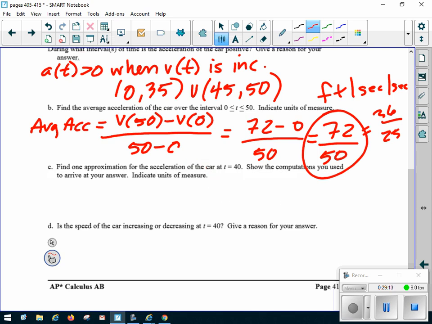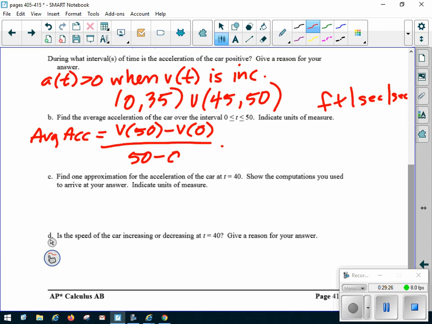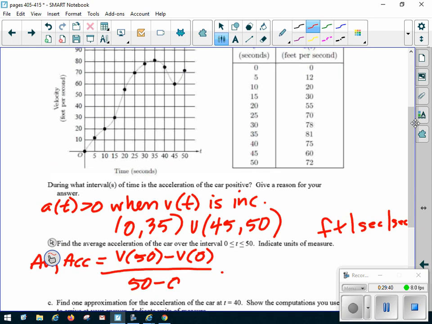Find one approximation for the acceleration of the car at t equal 40. I am trying to approximate a of 40, which is v prime of 40. How can I approximate, though, because I do not have an equation?